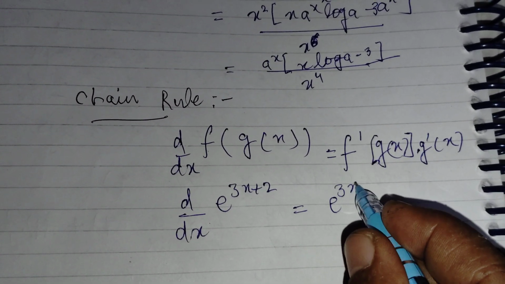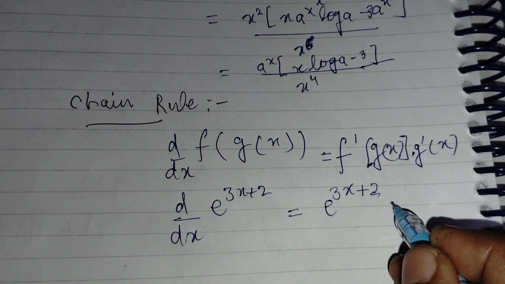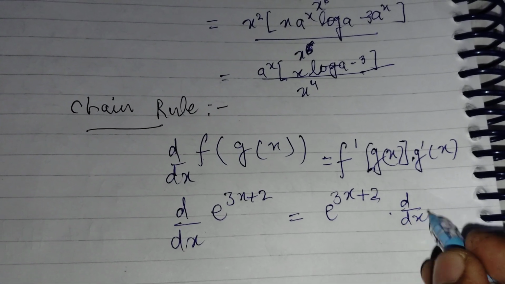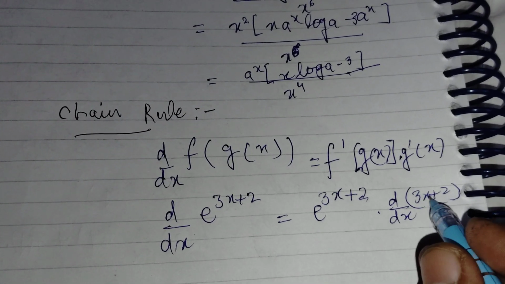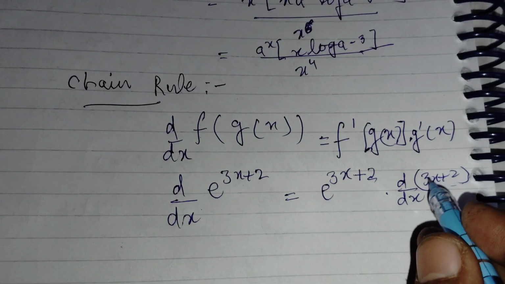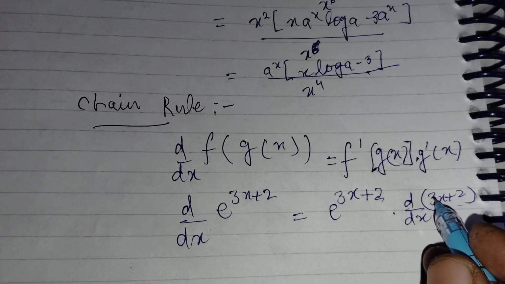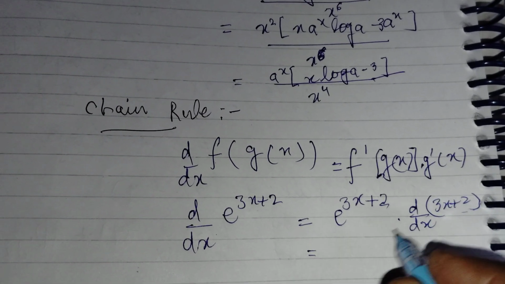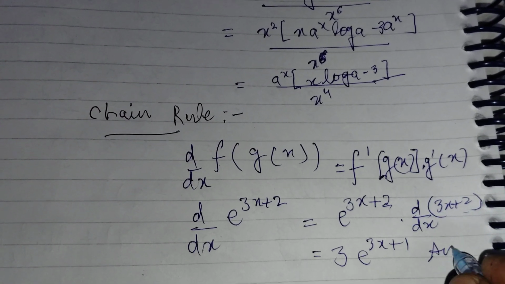Now we see there is not x but some variable, so we differentiate this variable again. The differentiation of 3x plus 2: 3x's differentiation is 3, because x power 1 gives 1, and 2's differentiation is 0. So the answer is 3 e power 3x plus 2.